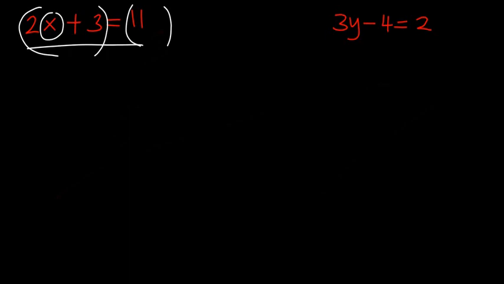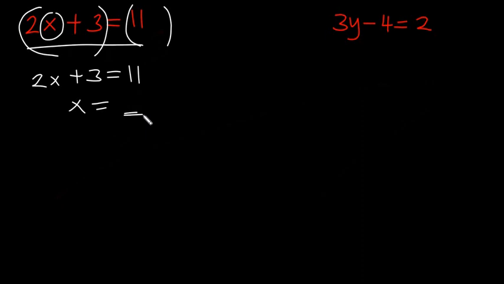Let me write it afresh to make our work neat. We have 2x plus 3 is equal to 11. Our goal here is to have x on one side and another value on the right hand side, which is going to be the value of x.